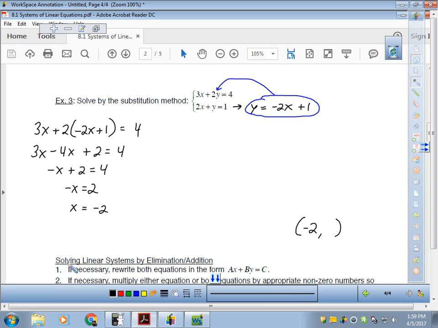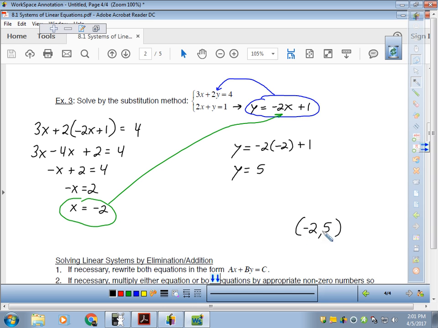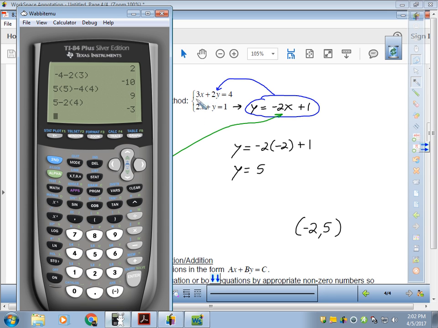To find the y value, I'm just going to take this x that we found and plug it back in up here for this x. So I'll have y equals negative 2 times negative 2 plus 1. So y equals negative 2 times negative 2 is positive 4, plus 1 is 5. So here's my solution, negative 2, comma, 5. And again, I want to check it in my equations.